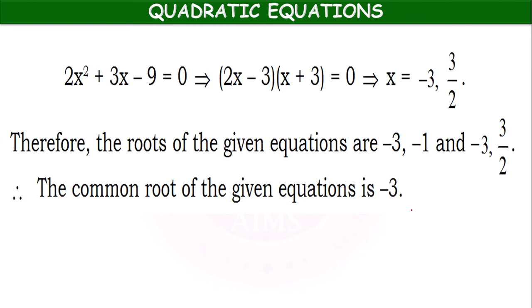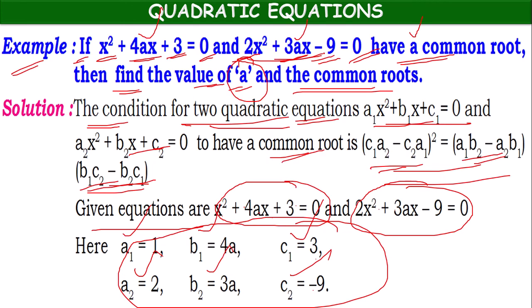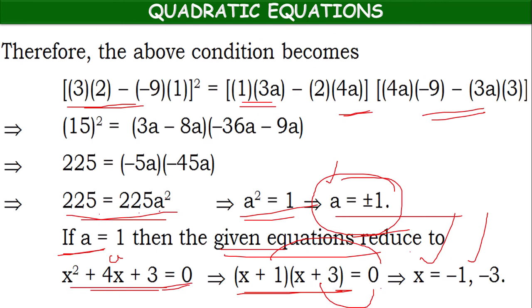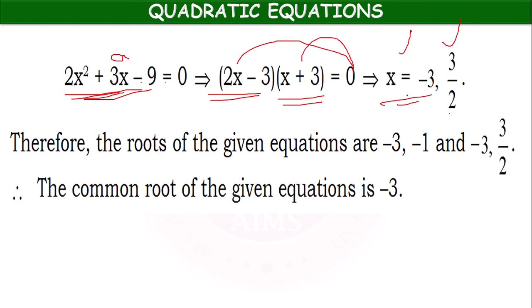And the second equation, if a is 1, then 2x square plus 3x minus 9 equal to 0. This can be written as factors 2x minus 3 into x plus 3. So 2x minus 3 equal to 0 means x equal to 3 by 2. x plus 3 equal to 0, x equal to minus 3.